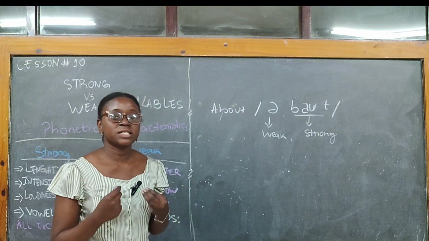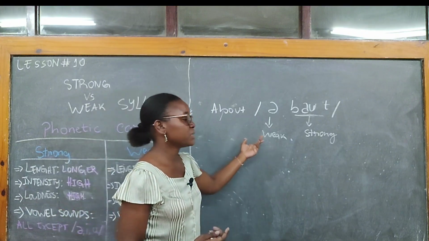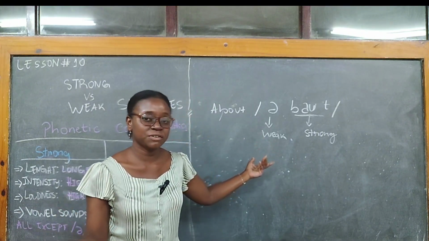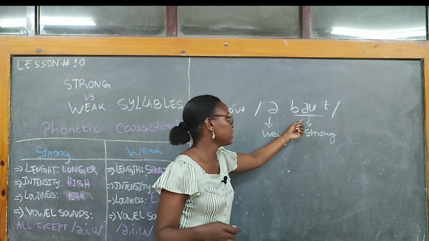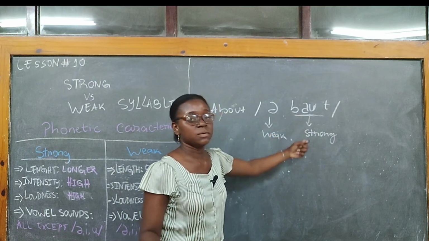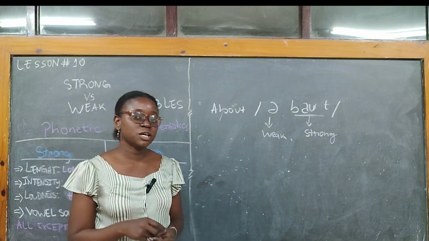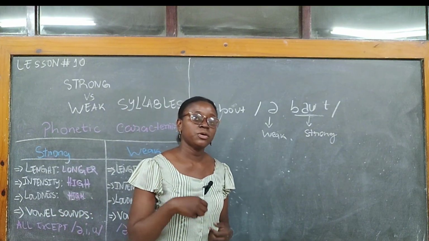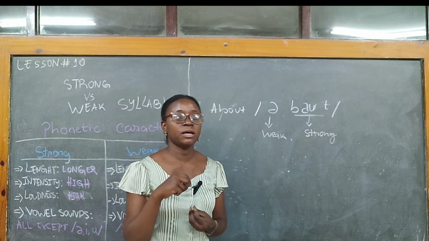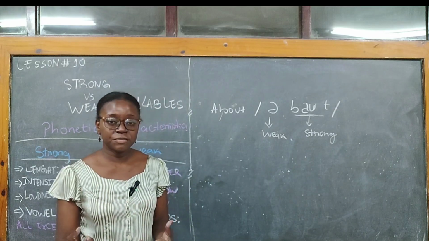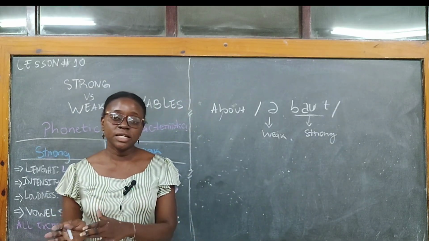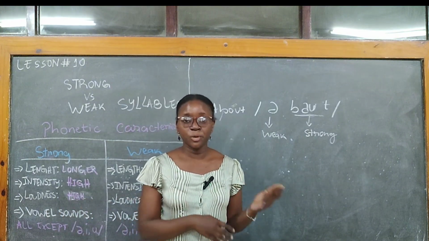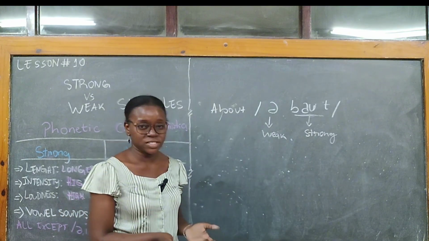So that's what the intensity is about. When we pronounce the first syllable we do not put much effort, but however, when it comes to the syllable about, we have to put in a little more intensity, a little more effort to articulate the sound. So the strong syllables are more intense than the weak syllables.